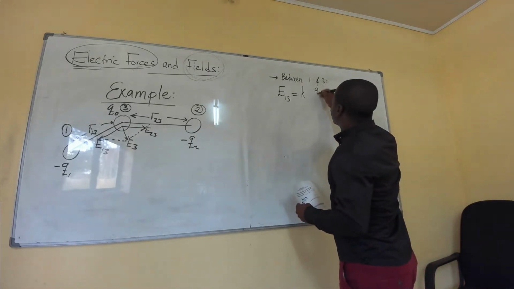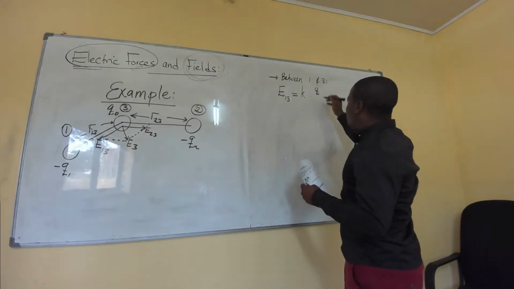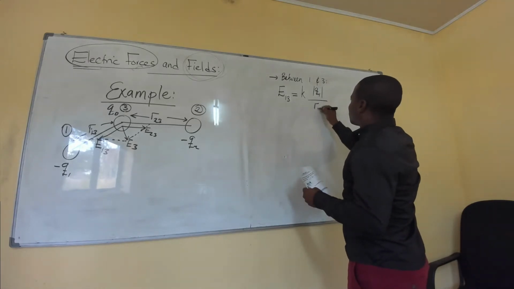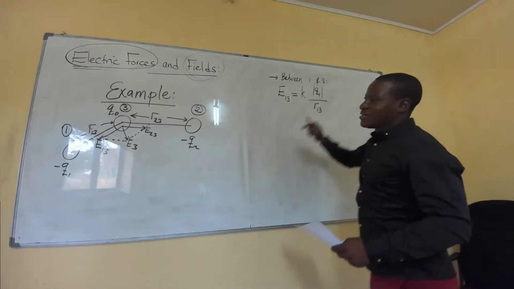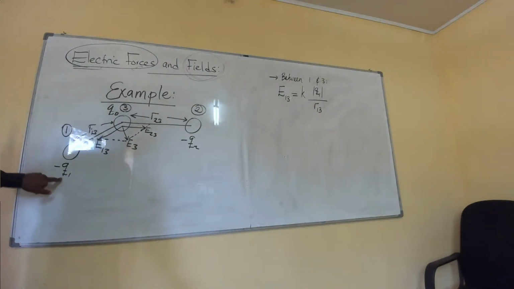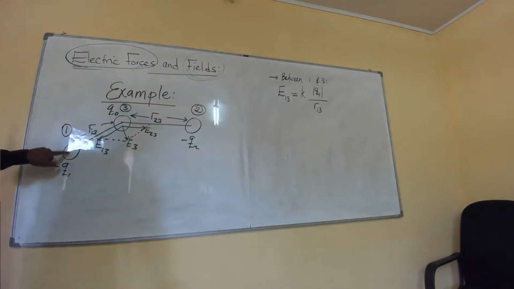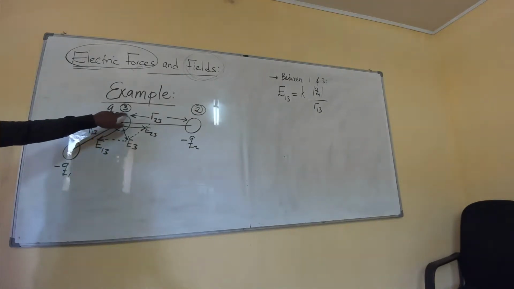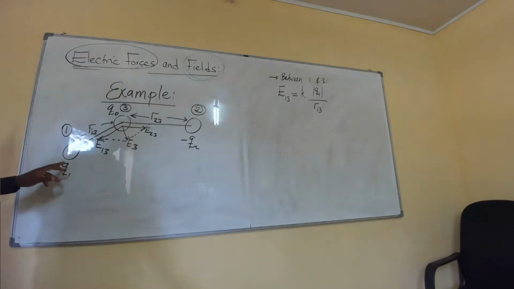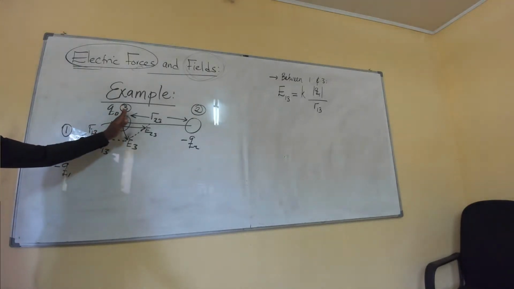Then this is Q1 over R13. We know that Q1 is this. In other words, we are calculating the electric field due to Q1 when we are standing at point 3. How much electric field are we going to receive from Q1 when we are standing at this point? That is what we are trying to find out.